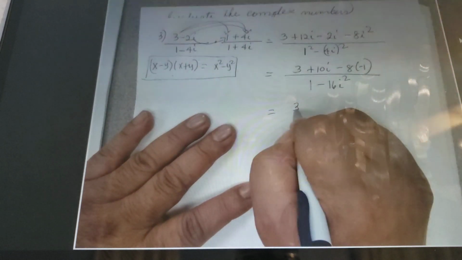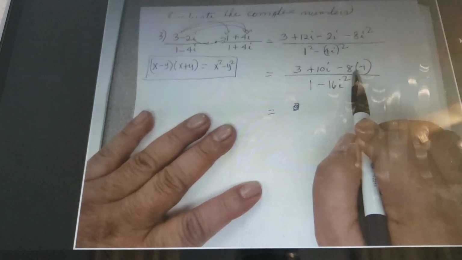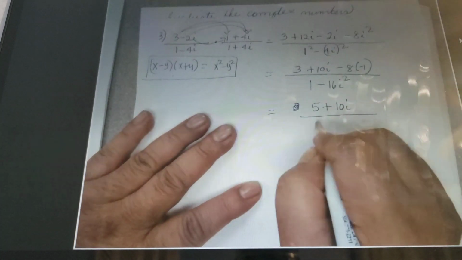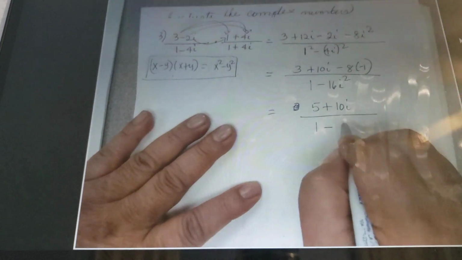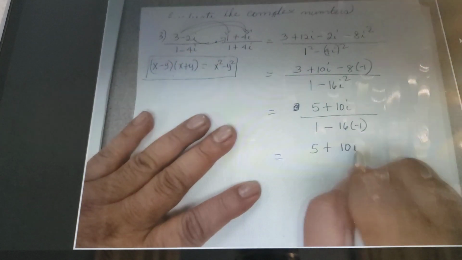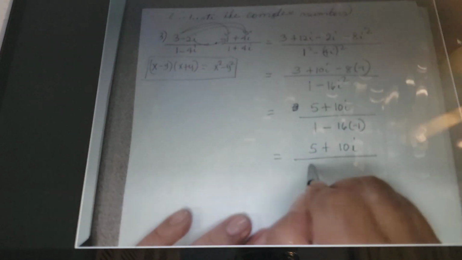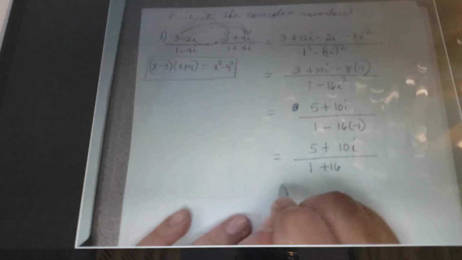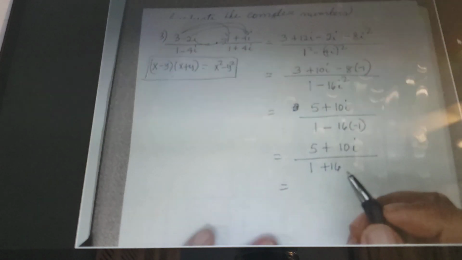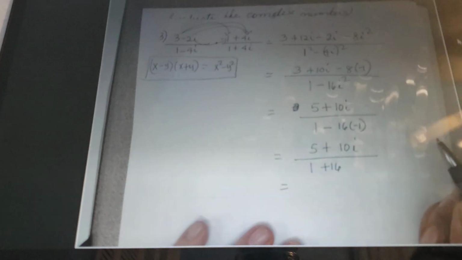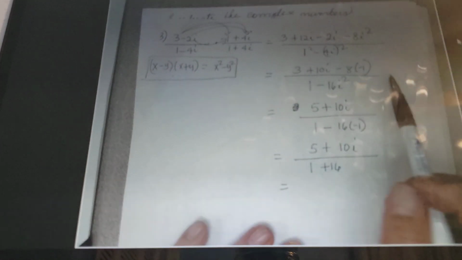So 3 plus 8 is 5, 10i over minus 16 times negative 1. 5 plus 10i, negative 16 times negative 1, positive 16. Wait a minute.